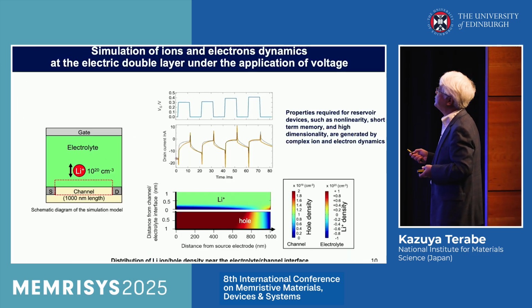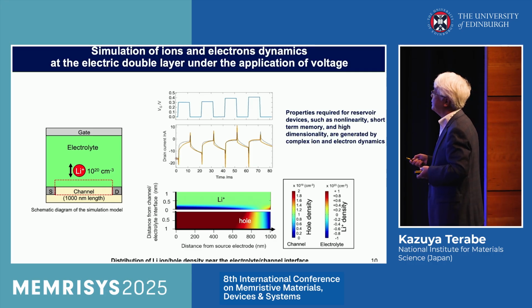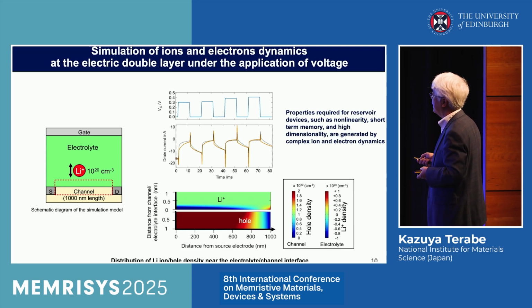So this is a simulation of ion and electron dynamics at the electric double layer under the application of voltage. This is a model. This is the electrolyte. This is the channel. This is the input bias, and this is the drain current. Under this condition, this shows the distribution of lithium ion and hole density at the interface.